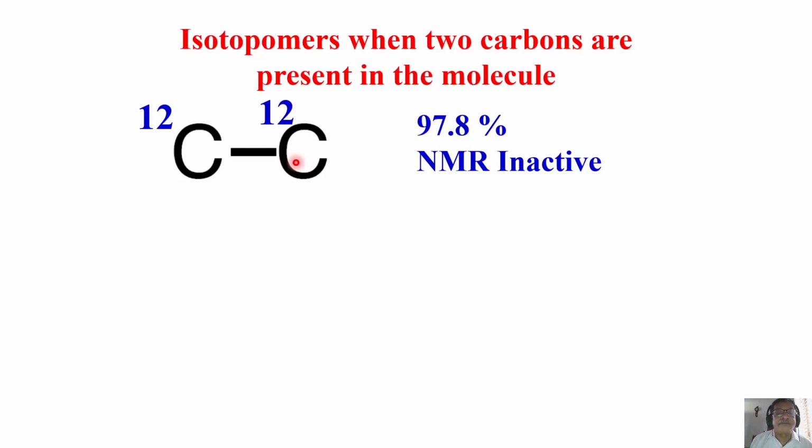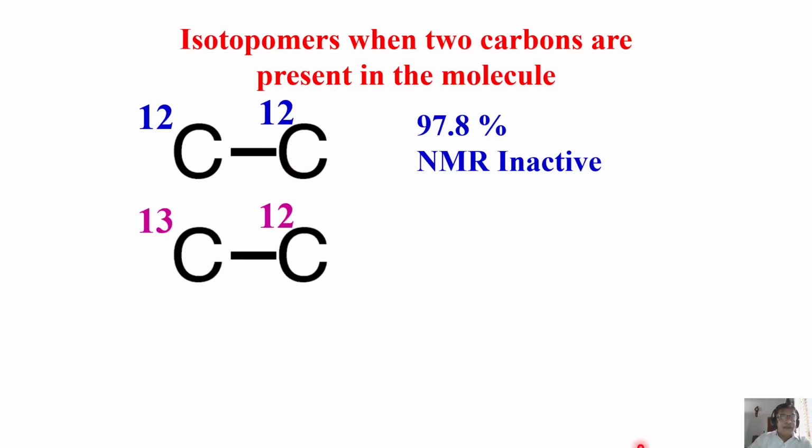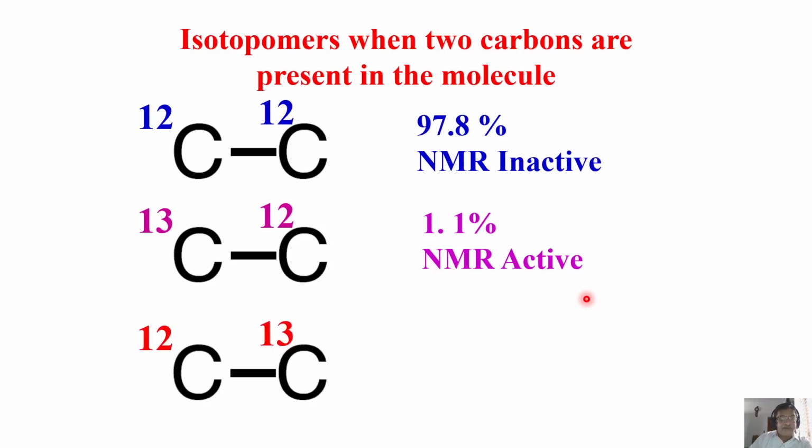It is NMR inactive. On the other hand, think of this possibility. This is carbon 13, this is carbon 12. It is quite likely. What is the abundance of this carbon? Only 1%. And this is 99%. So this is NMR active. What is the other isotopomer we can think of? This one is carbon 12 and this is carbon 13. That's also possible.